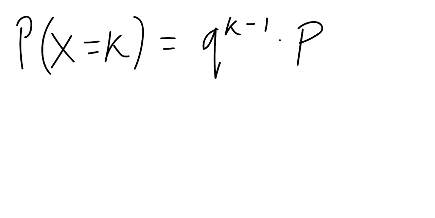So the probability of failure to the k minus 1 times the probability of success p. And this is precisely the geometric distribution.